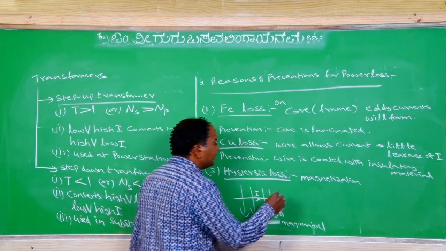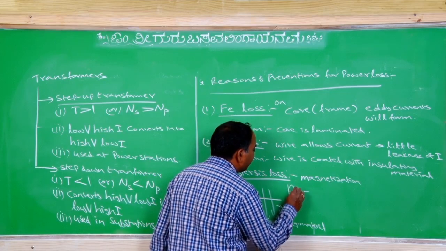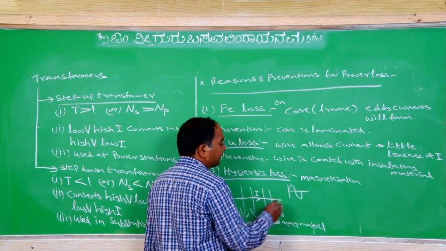Alternating current has both positive and negative pulses.